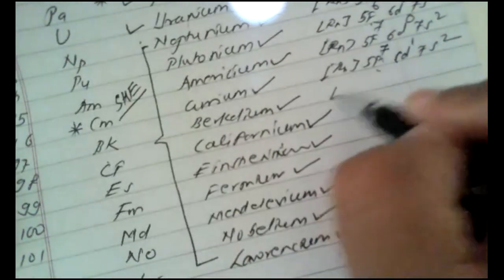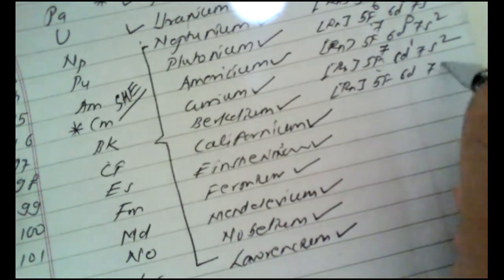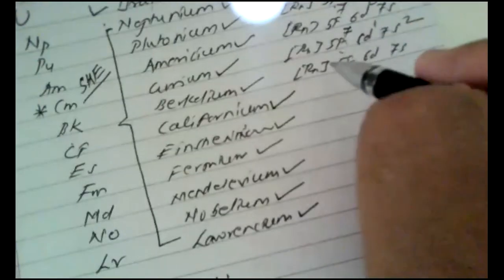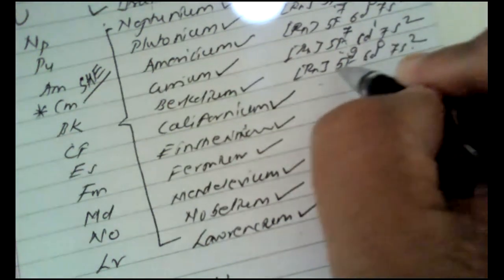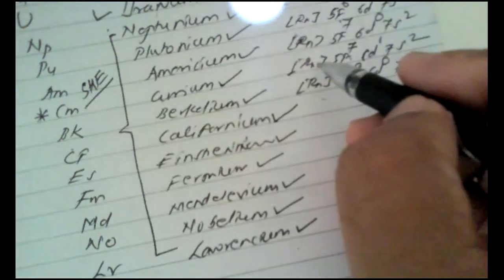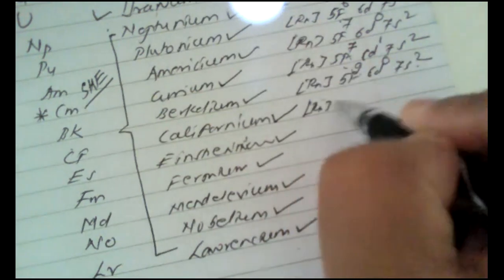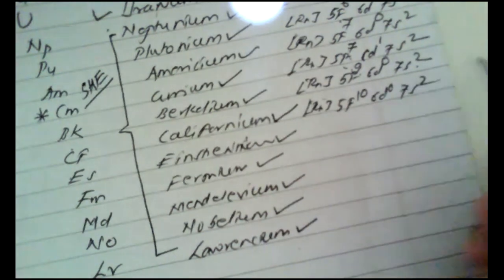Now come to berkelium: radon, 5f, 6d, 7s. So at berkelium, again it becomes 5f9 6d0 7s2. So 88 plus 9 is 97. Come to californium: radon, 5f10 6d0 7s2.